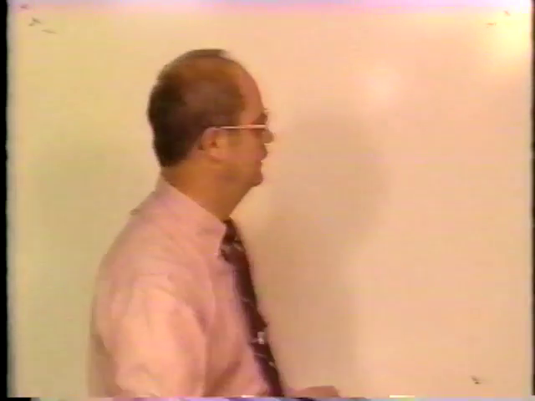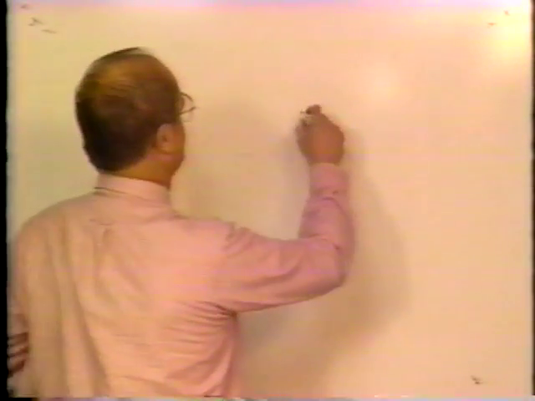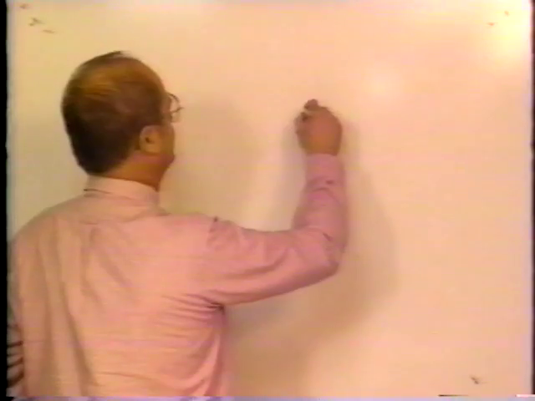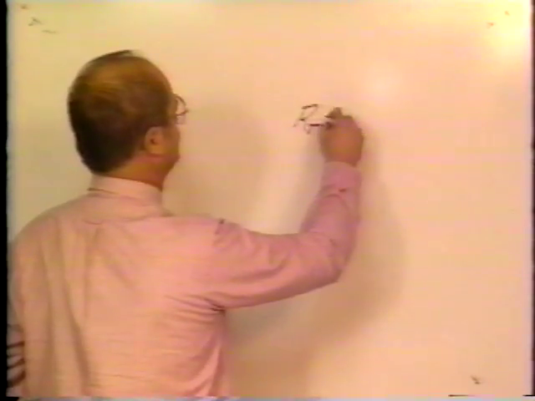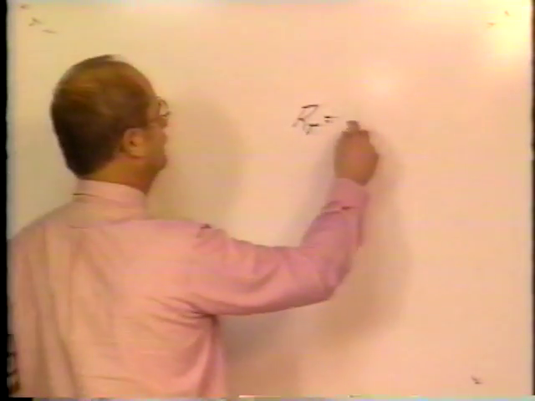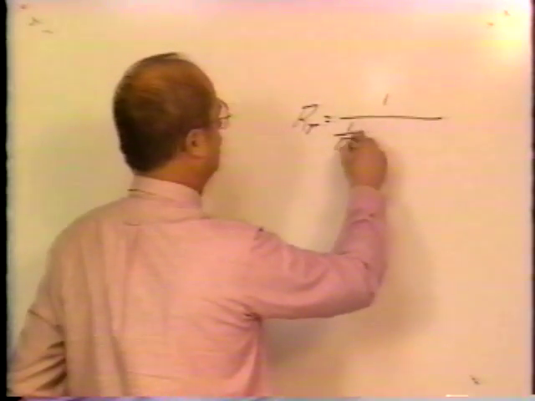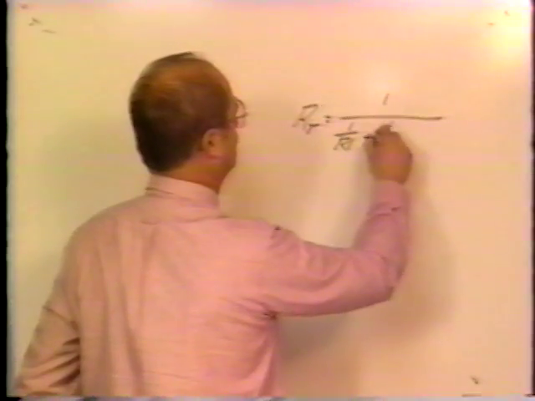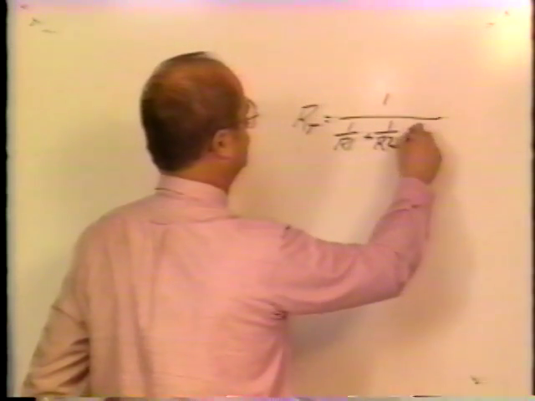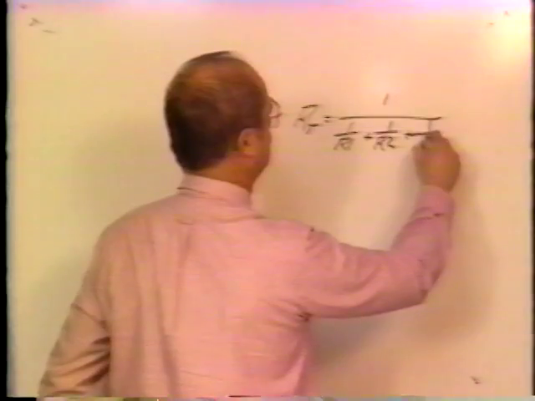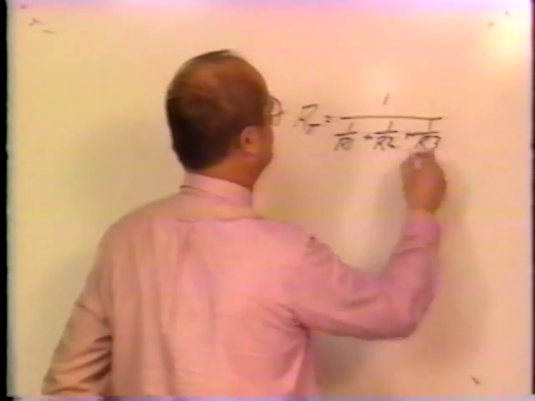Now, let me give you an application that you will use for that when you get into the second year of the program. In the second year of the program, we have a formula for figuring total resistance. R sub t now is equal to 1 over R1 plus 1 over R2 plus 1 over R3.